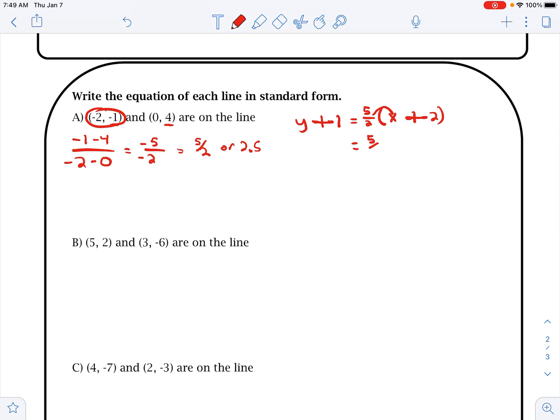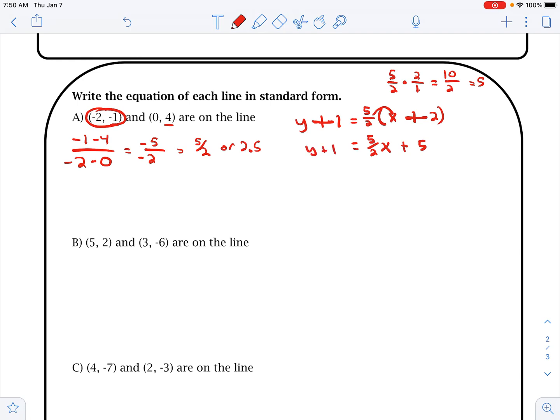So now I distribute. So 5 halves times x is 5 halves x. Plus 5 halves times 2. That would be 2 over 1. So I just go 5 times 2 is 10. 2 times 1 is 2. And then 10 divided by 2 is 5.